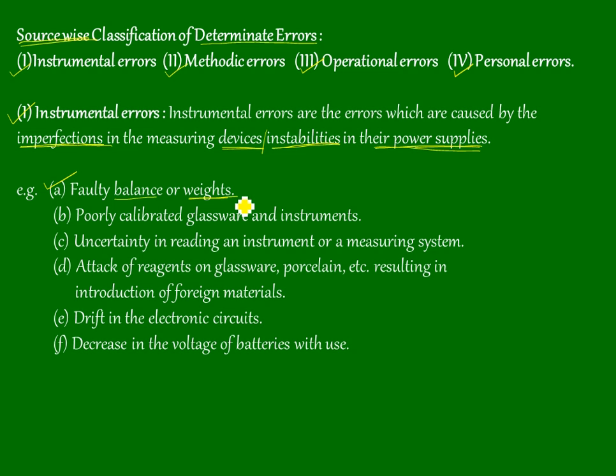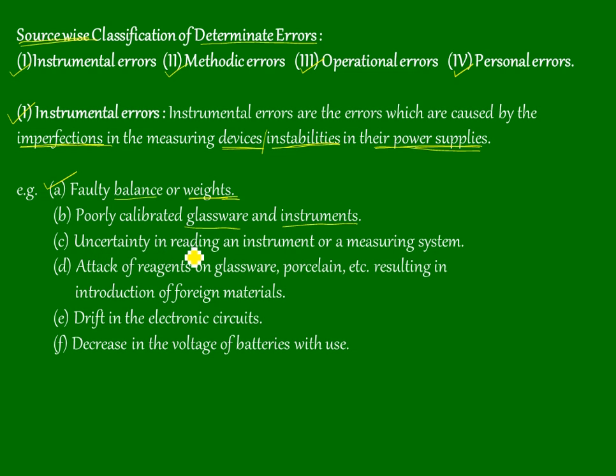Weights are also standard weights which can be wrong sometimes. Wrongly calibrated weights can lead to a problem in analysis. Then poorly calibrated glassware and poorly calibrated instruments also lead to an instrumental error.